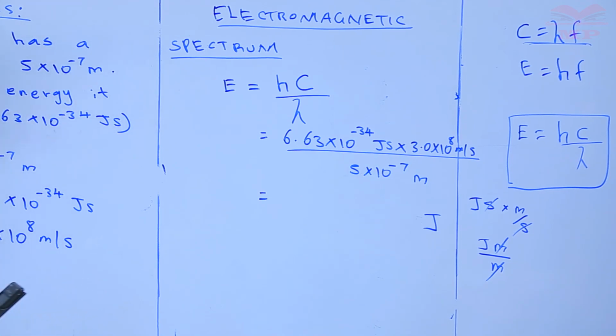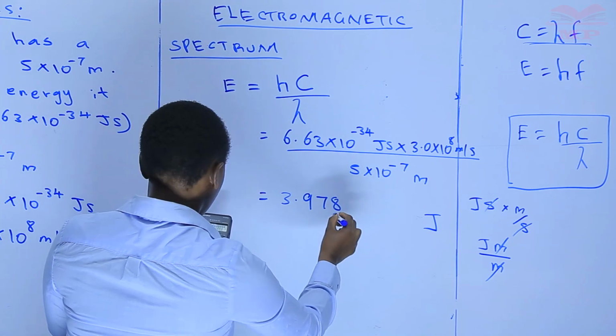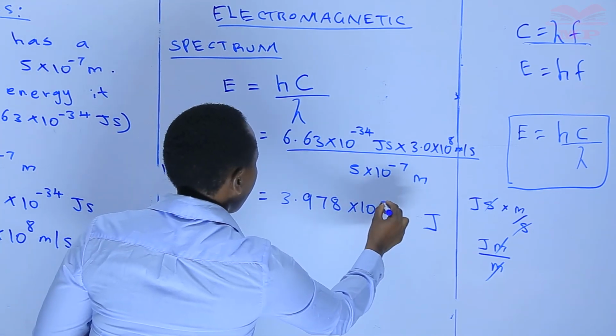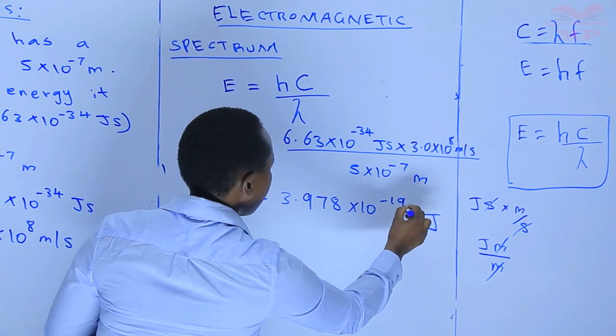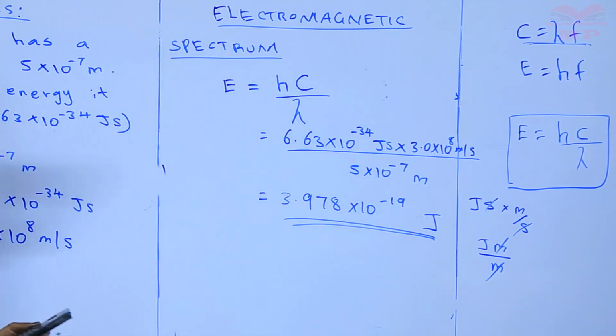So what do you end up getting as the final answer? You end up getting 3.978 multiplied by 10 raised to power negative 19. And as we have said, it is in joules. So that is what we have for that.